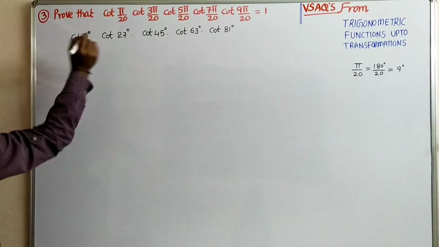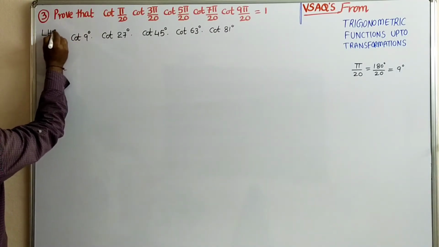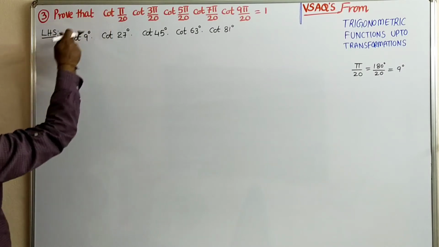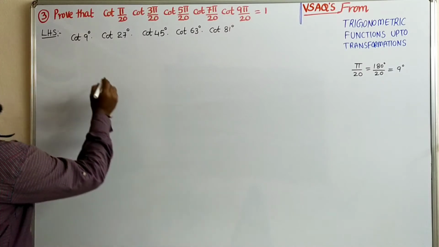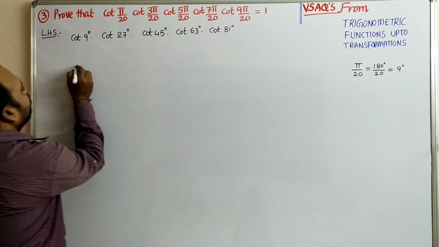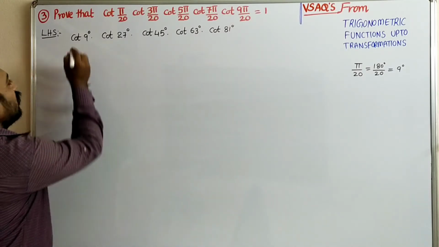This is LHS. Before this step, whatever is given, we should write that also. LHS, which is equal to cot 9.